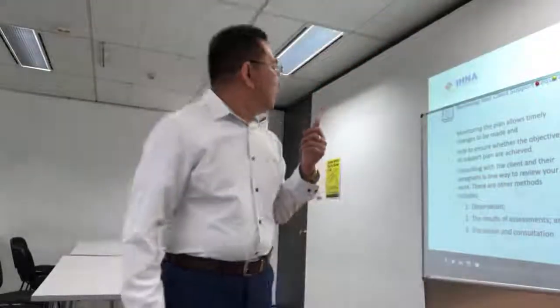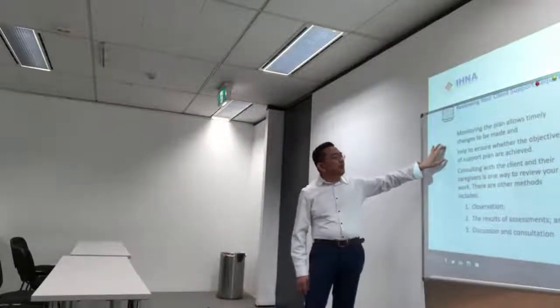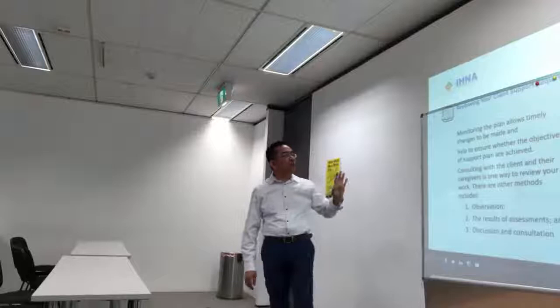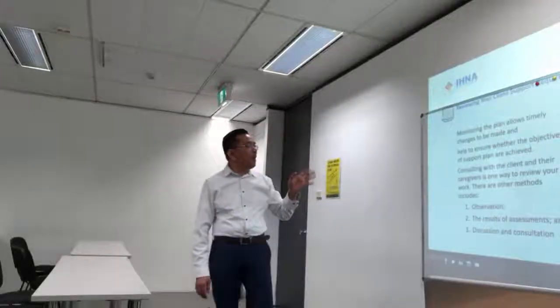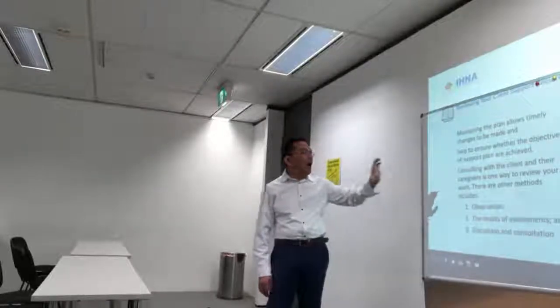Okay. So just to recap, under this we have monitoring. The plan allows timely changes to be made and helps to ensure whether the objectives of the support plan are achieved.